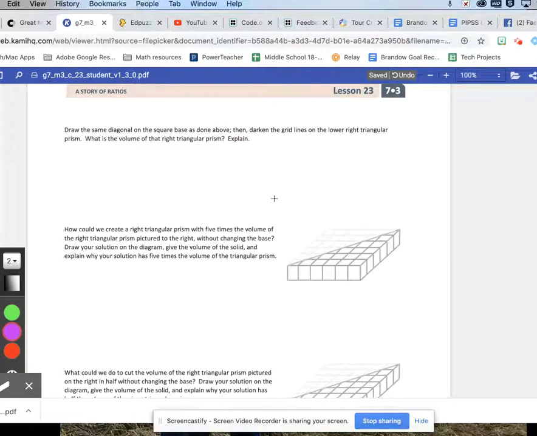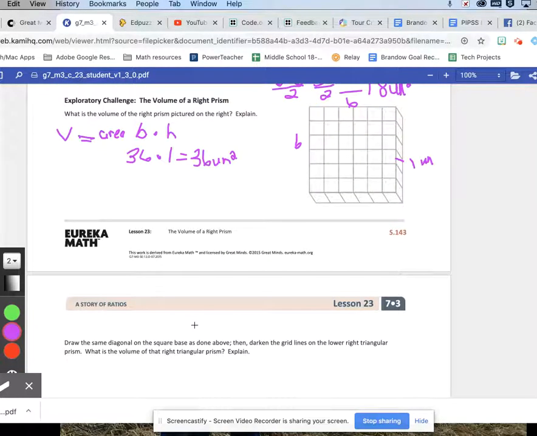Draw the same diagonal on the square base as done above, then darken the grid lines on the lower right triangular prism. What is the volume of that right triangular prism? Explain. Okay, so again, they want me to draw that diagonal across, and I'm just going to use this instead of redrawing.